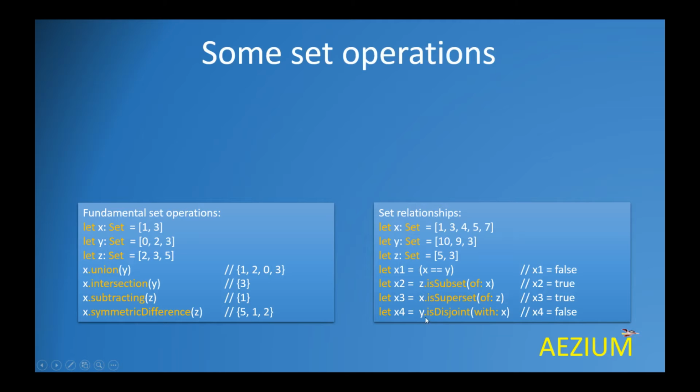Otherwise, if they have even a single element in common, the outcome will be false. Now, checking the two sets, y and x, we can see that there is one element in common here. So as a result, the outcome of this operation is going to be the Boolean false, which is shown here.